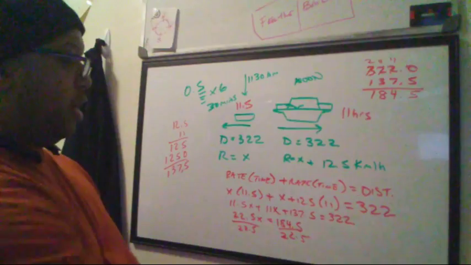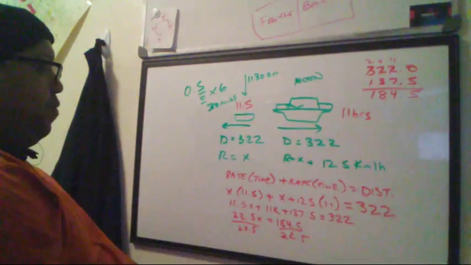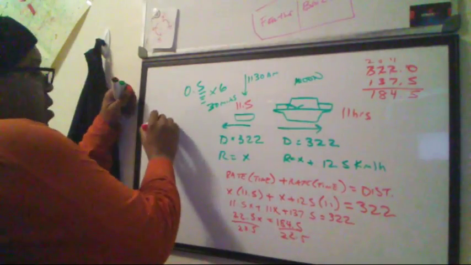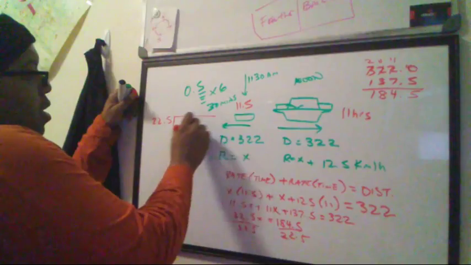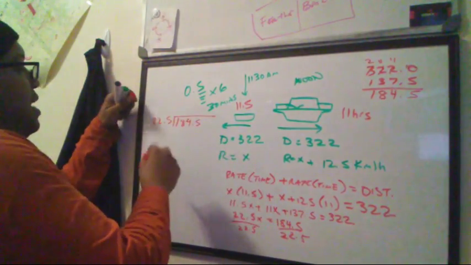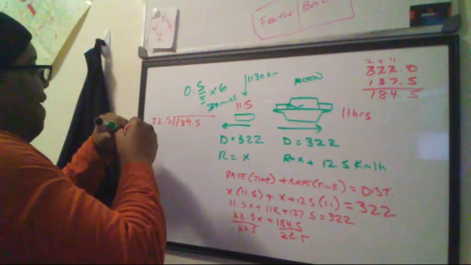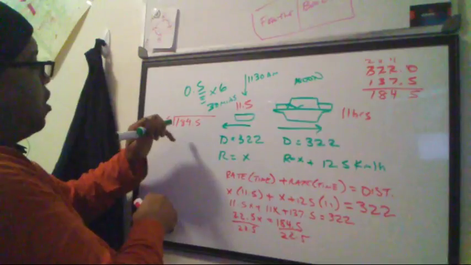And then we divide by 22.5 on both sides. And I'm going to do it out by hand. 22.5 into 184.5. Now, the decimal out here can't stay there. It's got to go over 1.